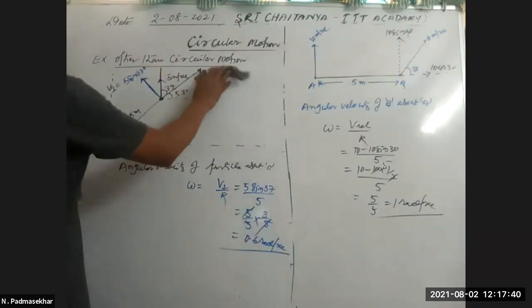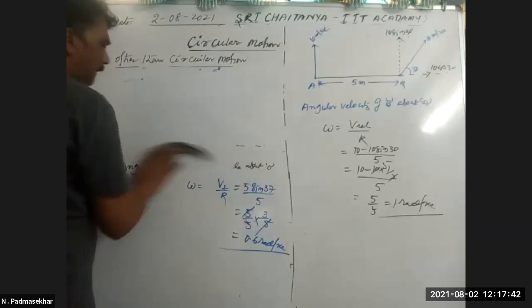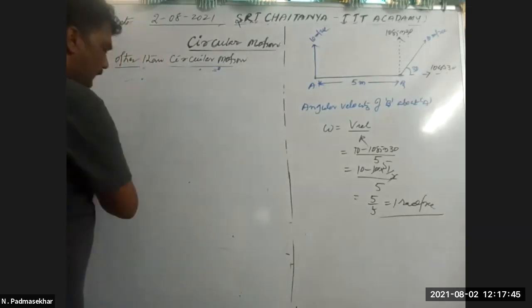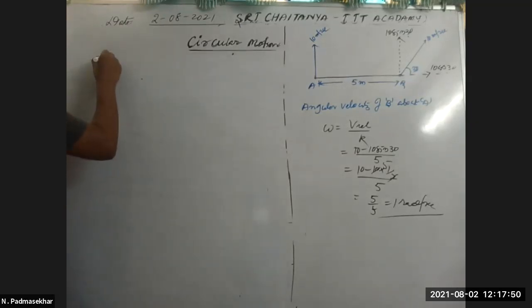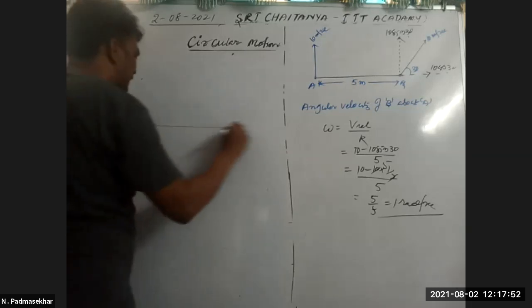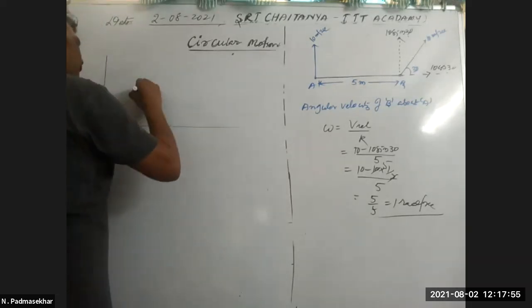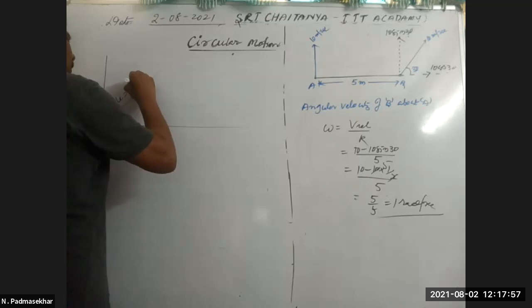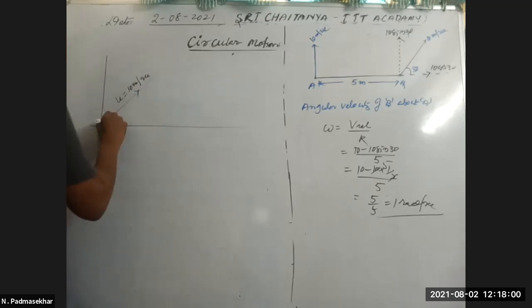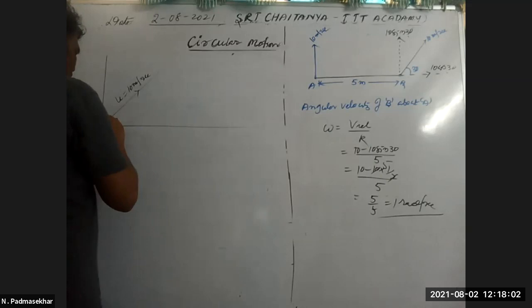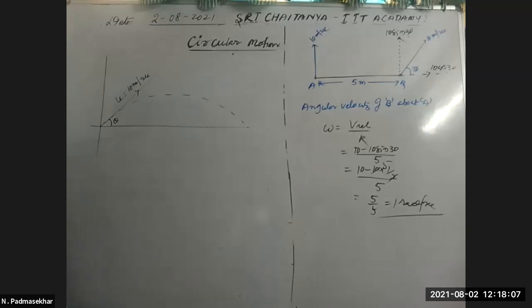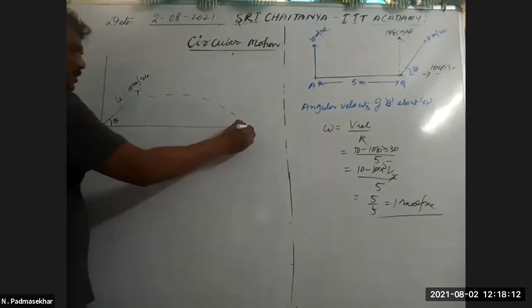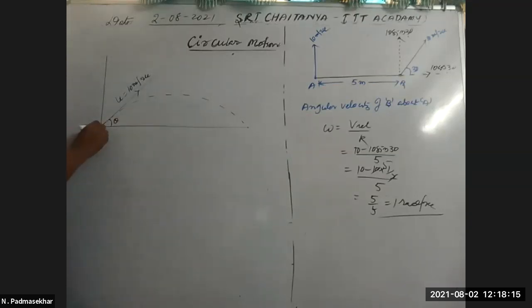And finally, suppose here a body is projected with the velocity u equal to 10 meters per second. What is the angular velocity at the point of striking about the point of projection?